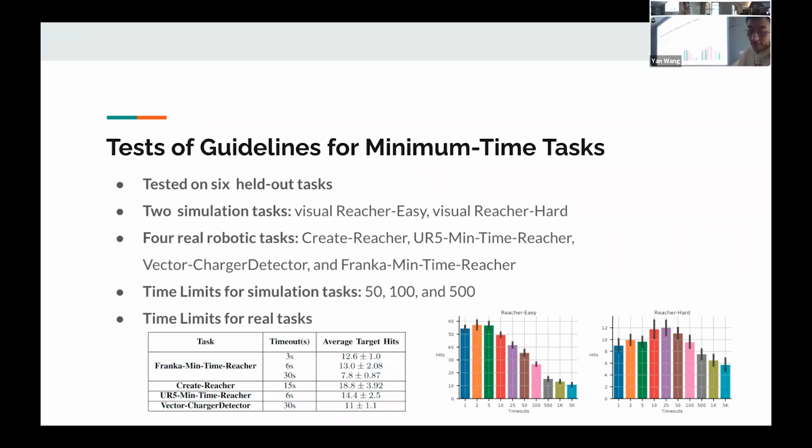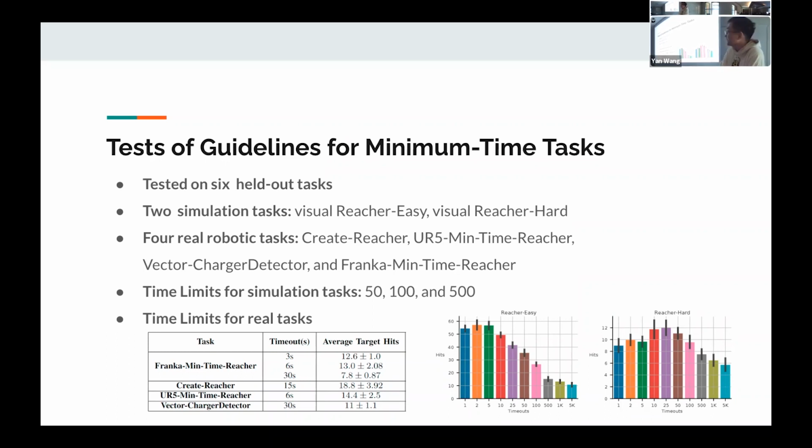According to our hypothesis, learning should happen for all tasks except for the reacher harder with the time limit 500, since the target hit is less than 10. It may show some sign of learning, but achieving stable learning may be impossible.